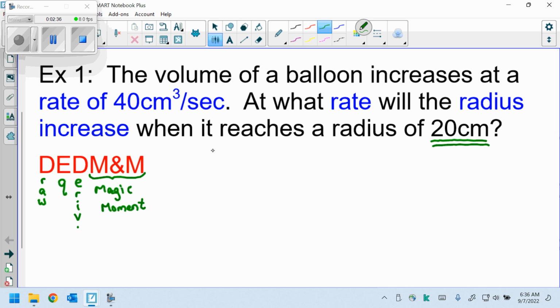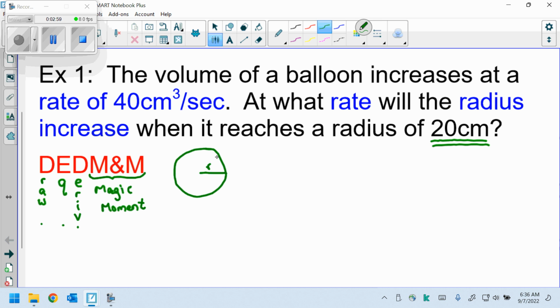We've got a balloon, and we'll assume that this is a spherical balloon. And the thing that varies in this thing is the radius. So we've got a radius here, radius of the sphere. And let's see, after drawing, we need an equation.